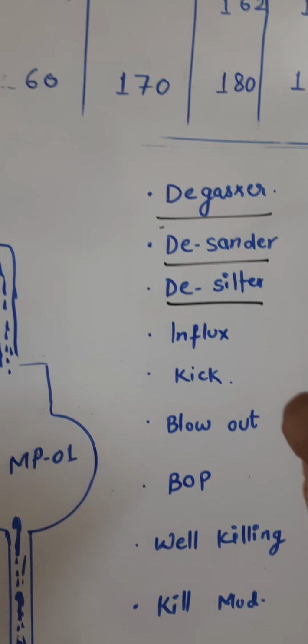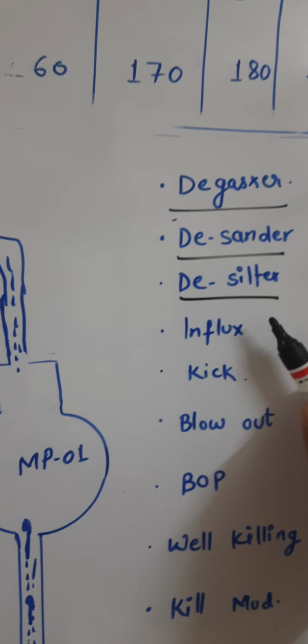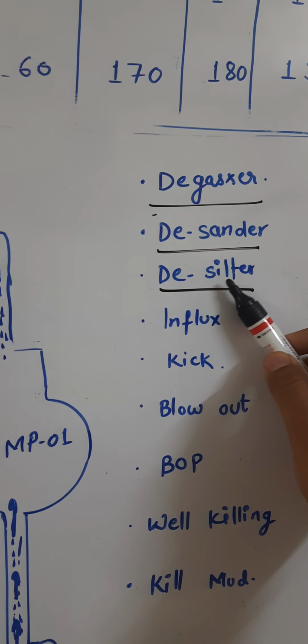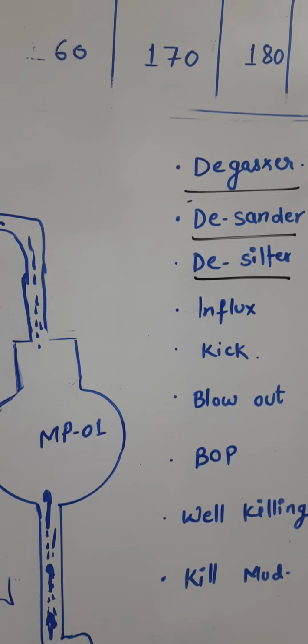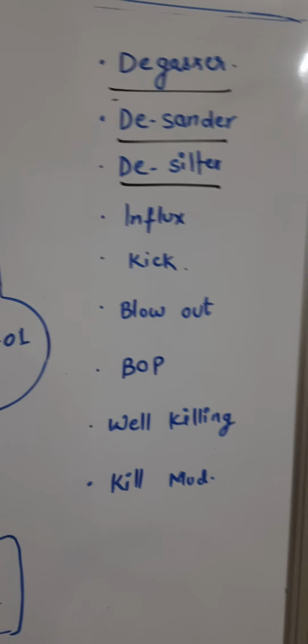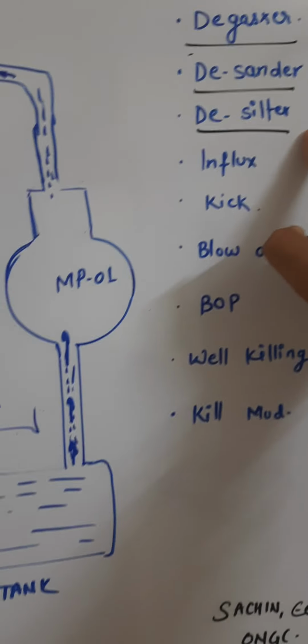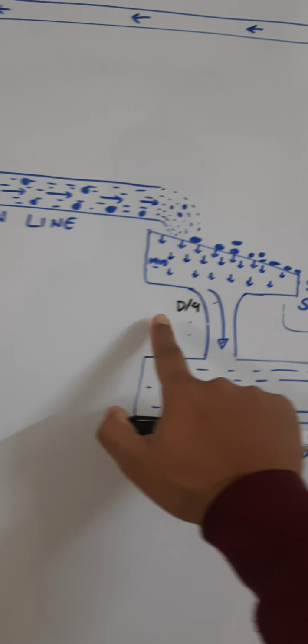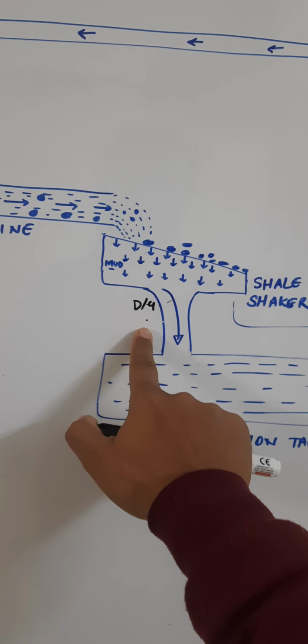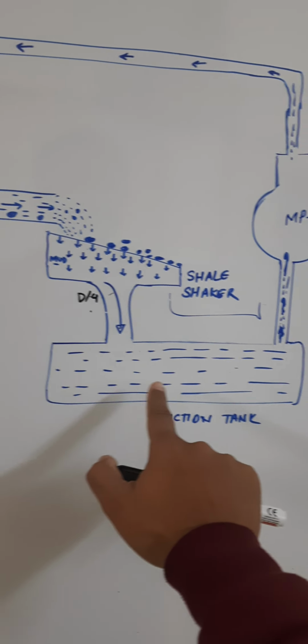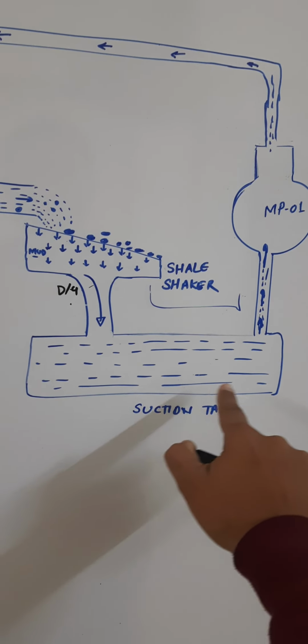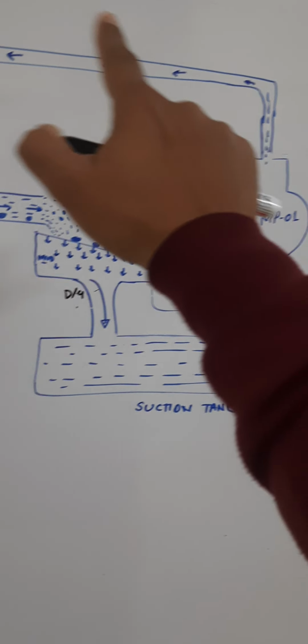Even further smaller size particles called silt are removed by the desilter. After this, the mud becomes clean. So degasser, desander, desilter, and then the mud is ready to be pumped back into the circuit system.